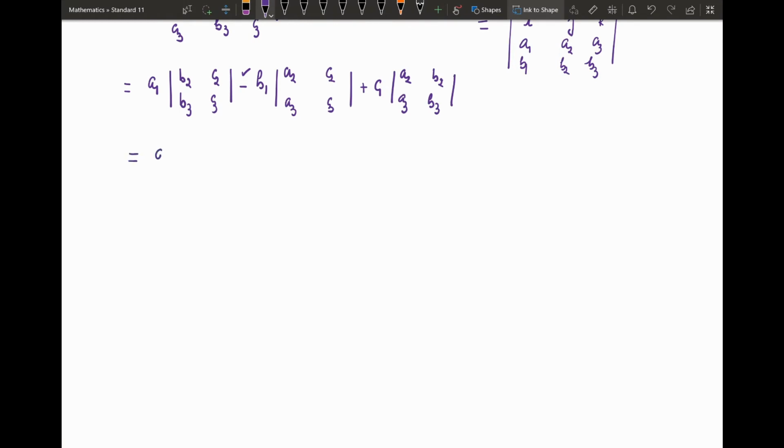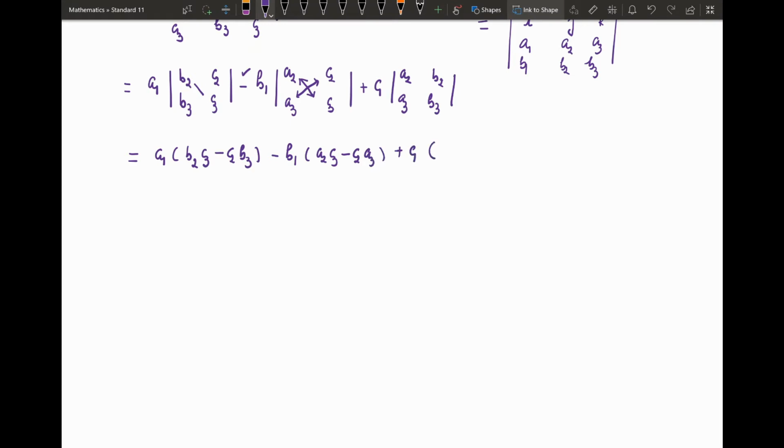Now you can easily evaluate A1 into B2, C3 minus C2, B3, as we have discussed how to evaluate a 2 by 2 determinant. Then minus B1 into A2, C3, the multiplication of entries of the principal diagonal, minus C2, A3.